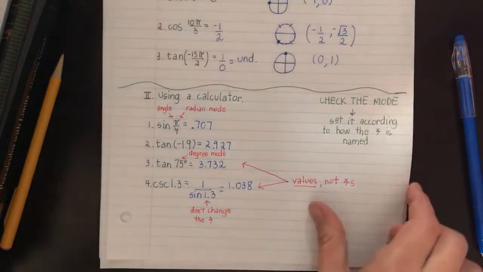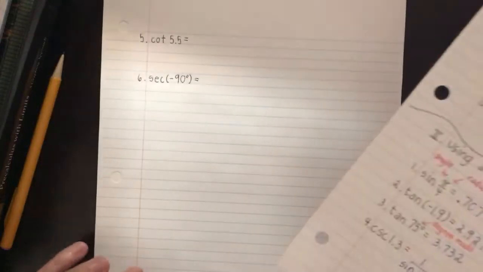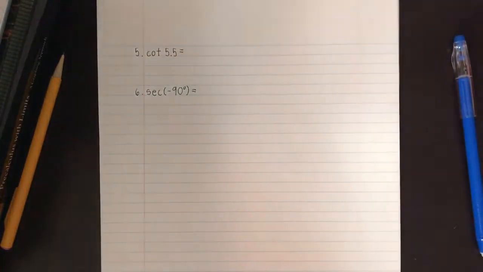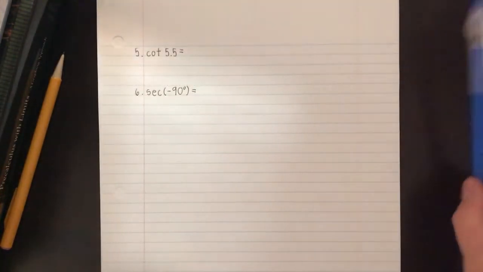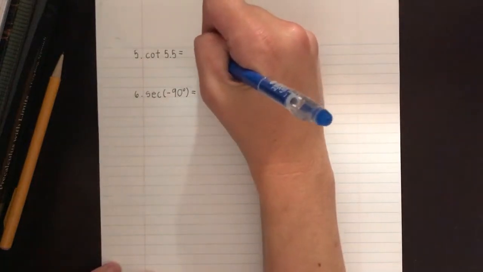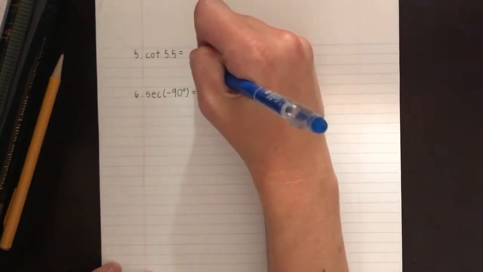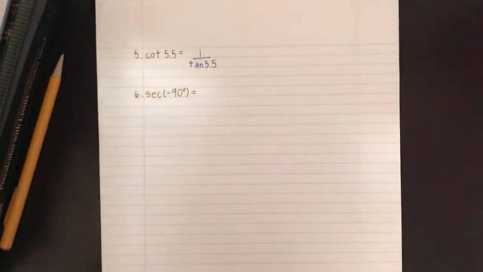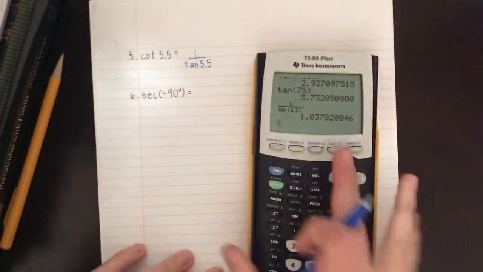I have 2 more examples for you, 5 and 6. Cotangent of 5.5. Think about cotangent: we're going to convert this to 1 over tangent of 5.5. Again, the lack of degree indicates that we're talking radians.